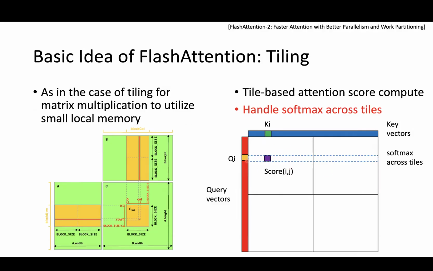But when we obtain the denominator of the softmax, actually we have only to do additional division of the previous result. So that's what we do in the case of flash attention.